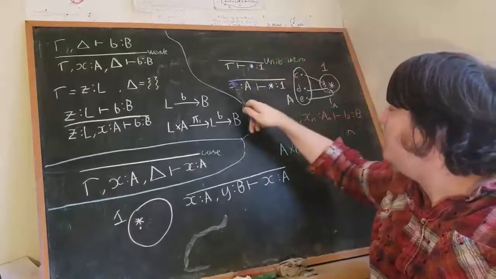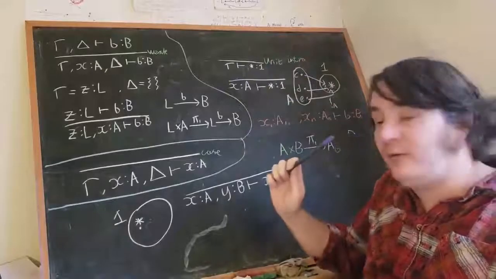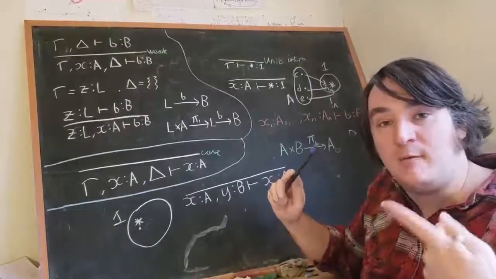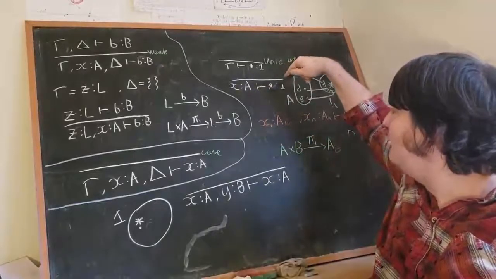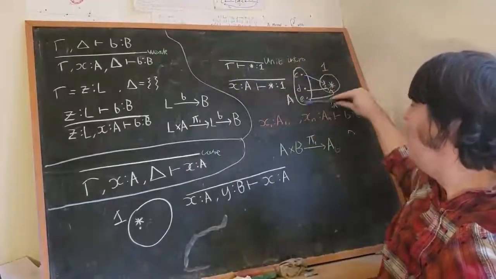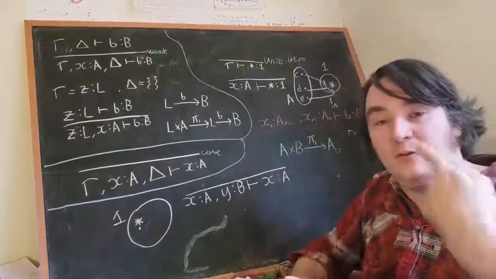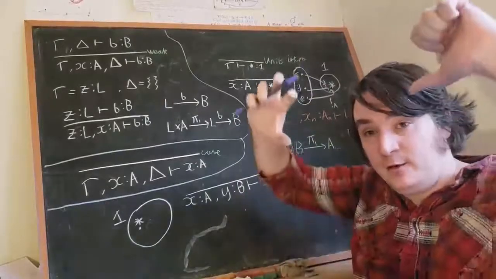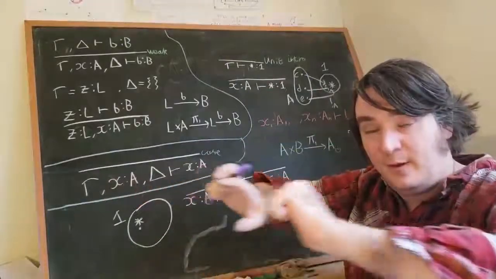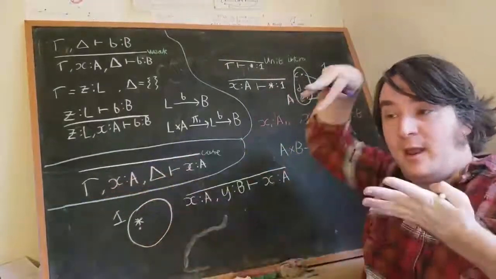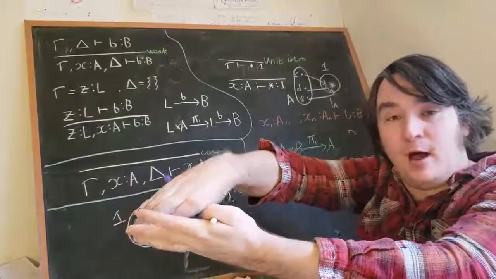And what this function is doing is it's sending every general value x of type A to star. So what is this function? Well, it's our old friend exclamation mark A, the unique function from this set A to the singleton set 1 that sends all the elements of A to star.